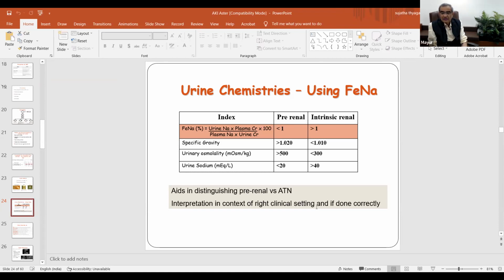So you have to interpret this in the context of the right clinical setting. And I won't be exaggerating if I say that instead of using urine chemistries, the fluid load and response to the fluid load, or giving a fluid challenge, is much more helpful to differentiate between pre-renal and intrinsic renal.